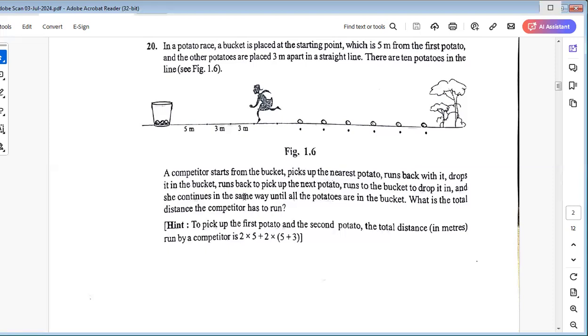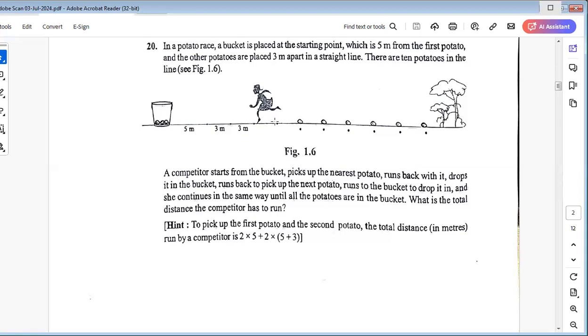So this is the problem. So here that basket is there. These are the positions of the potatoes. She is running. So from the bucket, she will start. She will come here and take the first potato and go back and put it into the basket. Then she runs to pick up the potato present here and goes back and puts it into this bucket.